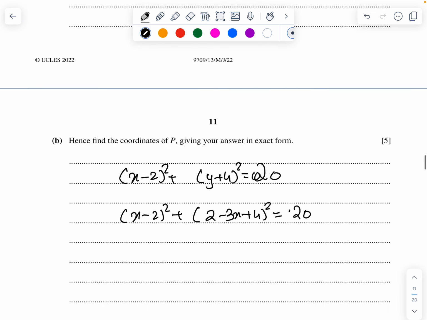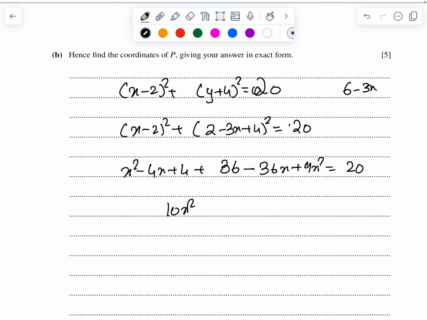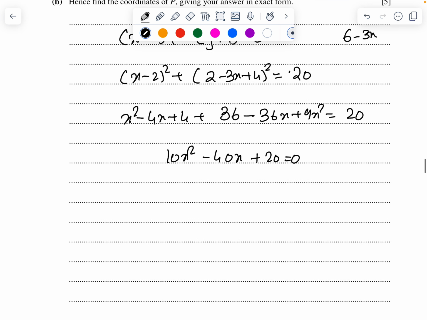Now you have to simplify this one. x square minus 4x plus 4 plus this is 6 minus 3x, so it becomes 36 minus 36x plus 9x square equals 20. So it becomes 10x square minus 40x, then 40 minus 20 is plus 20 equals 0.